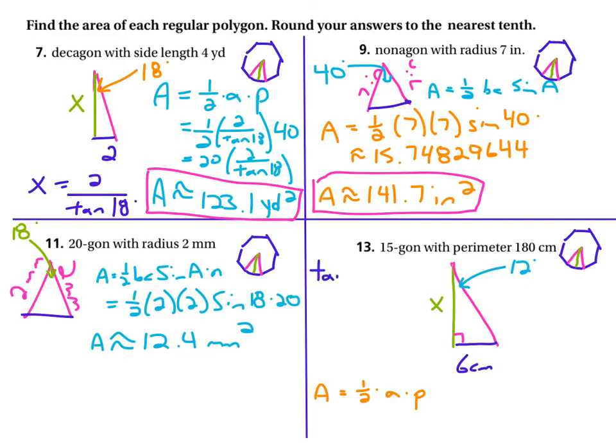So we're going to say tangent of 12 degrees equals opposite side 6 over adjacent side x. And when we isolate x, we get x equals 6 divided by the tangent of 12 degrees. Okay, that's the apothem. So I'm going to take that and use that as.